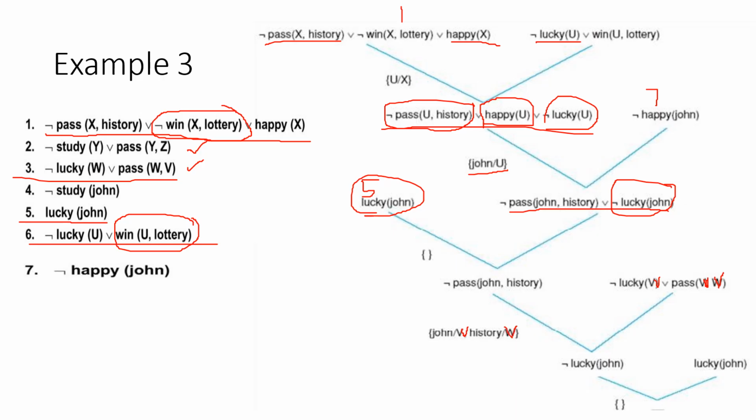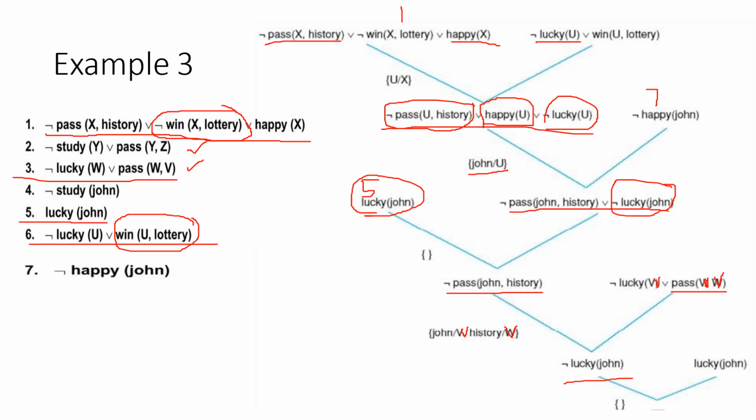Then pass W comma V and not pass John comma history are complementary, and the remaining part is not lucky John and not lucky John.